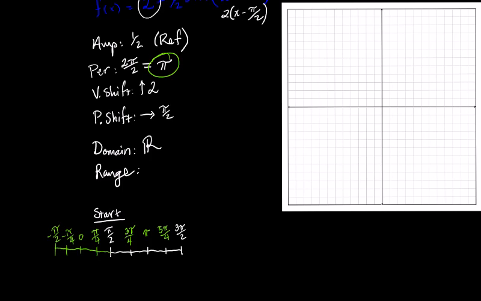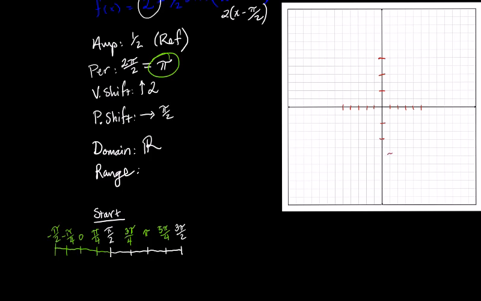All right, so our vertical shift is up 2, so I'll just keep it kind of going by ones, especially since our amplitude is 1/2. 1, 2, 3. So you kind of see how I've got it labeled.